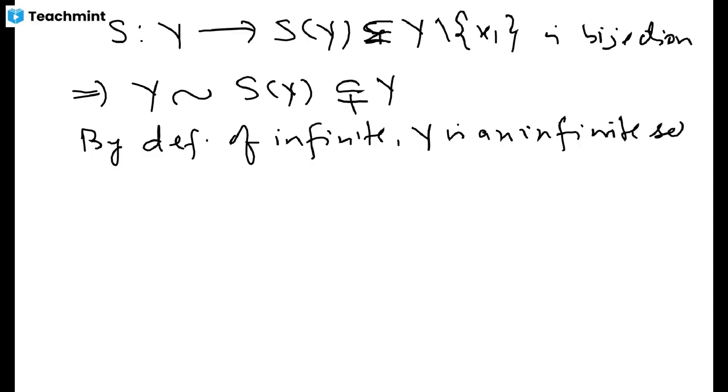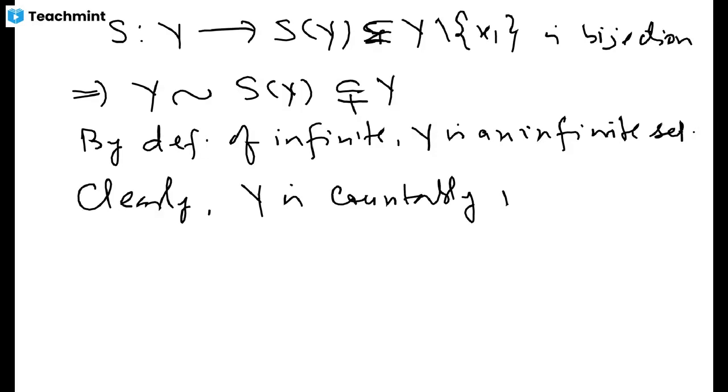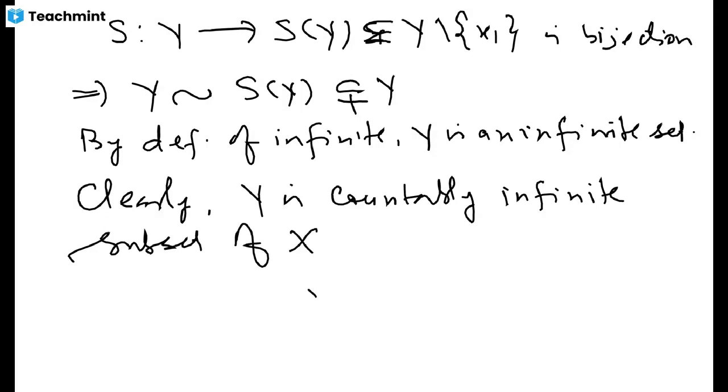Clearly, since the elements of Y are in the form of a sequence of distinct elements, Y is a countably infinite subset of X. This establishes the fact that every infinite set contains a countably infinite subset. This is a very powerful result. And now if you have any questions, I can take your questions.